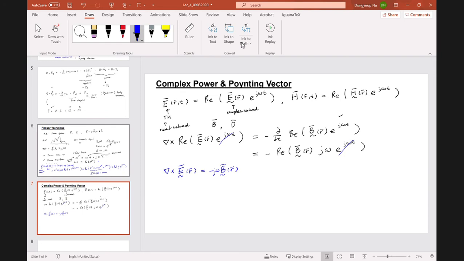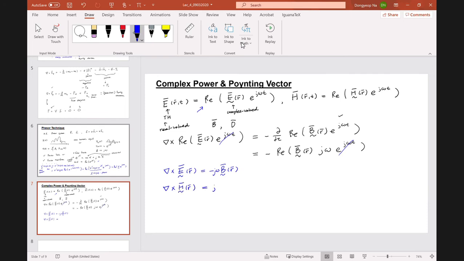Okay, so this is the equation for us to solve for the phasor of the electric field and magnetic flux density. And after we solve for the phasor, we can reconstruct the original real value electric field in this way. So I'm going to write another phasor representation of Maxwell's equation.